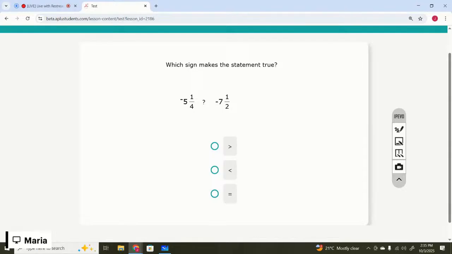Negative 5 whole 1 by 4, and you need to compare it to negative 7 whole 1 by 2. Negative 5 is greater than negative 7, right? So greater it is.